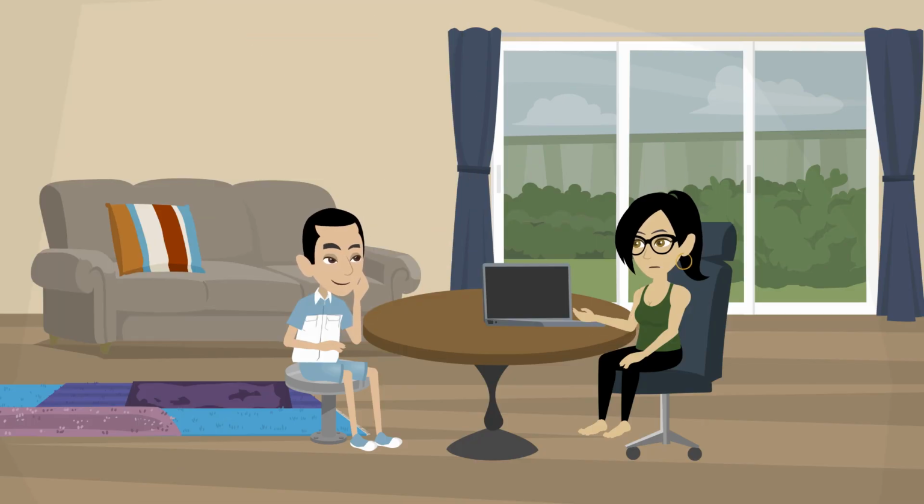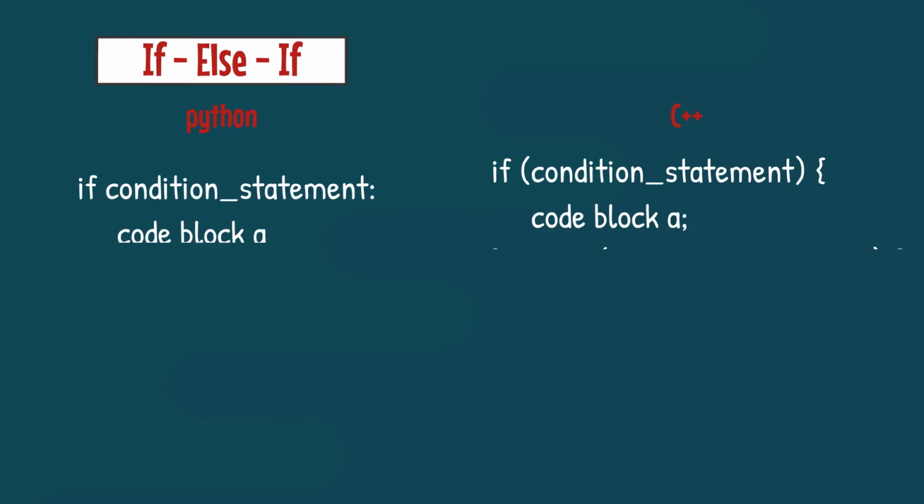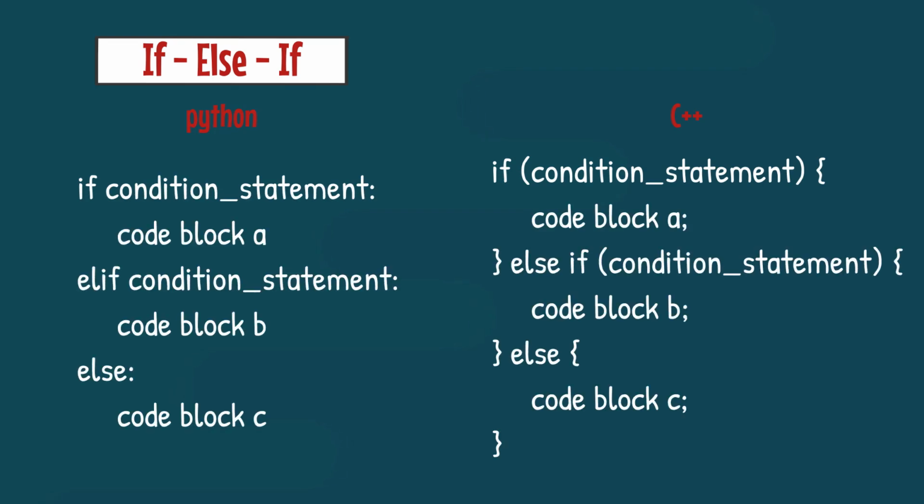Almost there. We'll be covering if-else-if statements, which are super easy to grasp. Plus, we'll dive into nested if statements for more advanced logic. I'll provide both Python and C++ syntax here. An if-else-if block is like a series of if statements stacked in order. The program checks each condition one by one, and as soon as it finds a match, it runs the corresponding code.